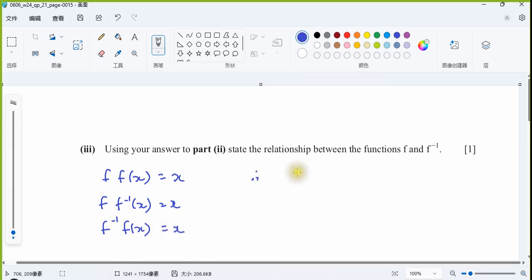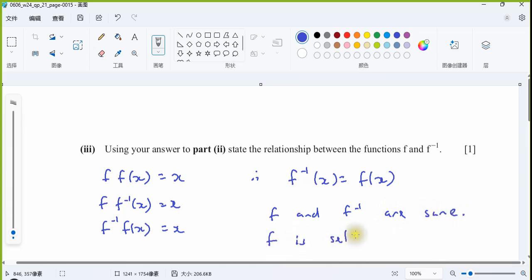So in this case, the f inverse of x is actually the same as f(x). So f and f inverse of x are the same. f is self inverse.